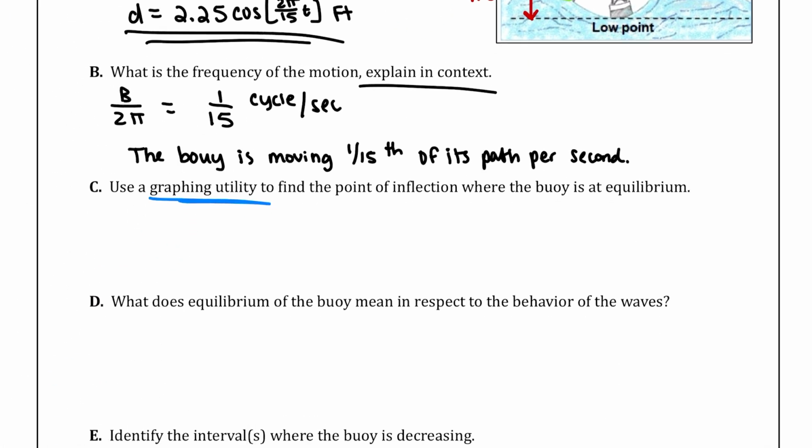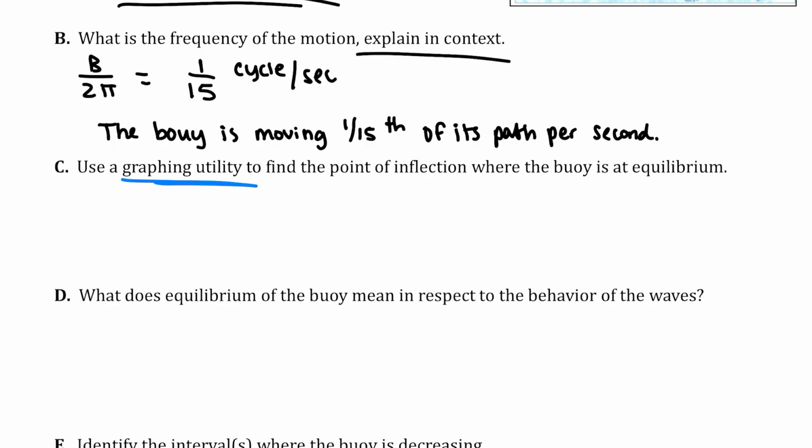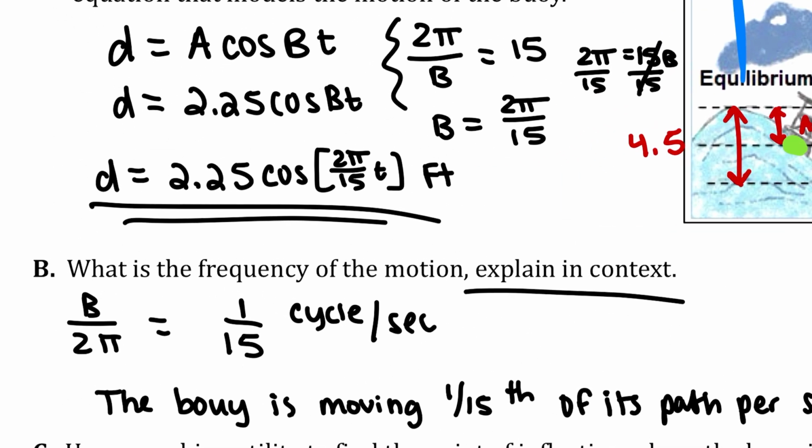So how you graph this is you are going to type in our function that we made in part A in your calculator, and then just look at it in the graphing function. So I'm going to do that now just to see if I can anticipate any weirdness that our graphing calculators like to give us. 2.25, we have cosine of 2 pi over 15.